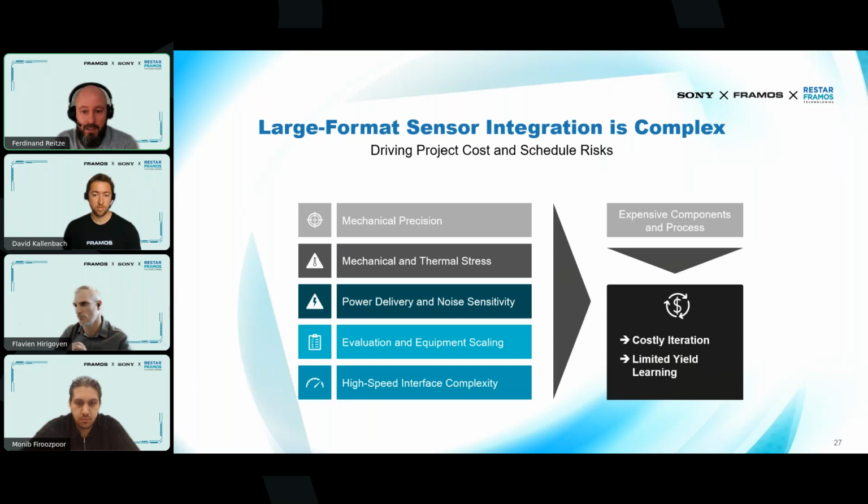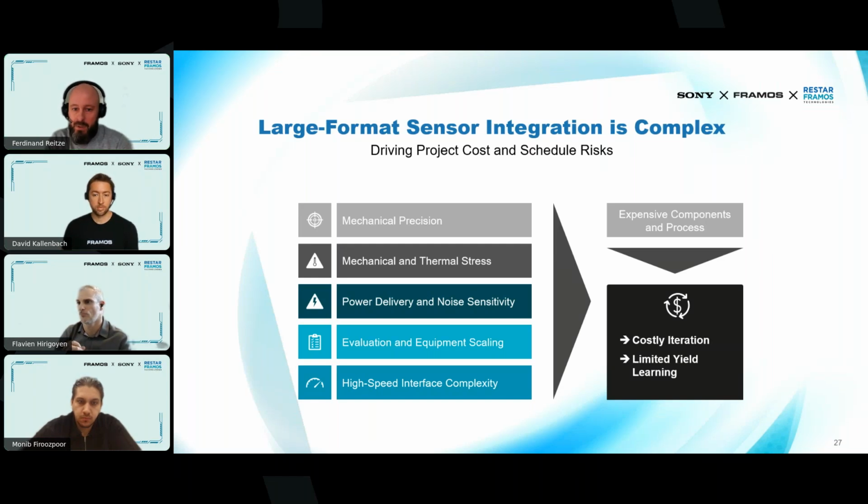The size and heat capacity also increases mechanical and thermal stress, requiring careful material choices and controlled assembly to avoid deformation. And the power delivery, as Monib also mentioned, the consumption goes up and it's complex, and it includes managing multiple different voltages that influence noise and image quality. In case you've never designed such large formats, test and validation setups need to be expanded to cover the full-sized image. And last but not least, the high bandwidth interface adds to the complexity. So as a result, the design in is risky and costly, and each redesign is orders of magnitude more expensive than with smaller sensors.